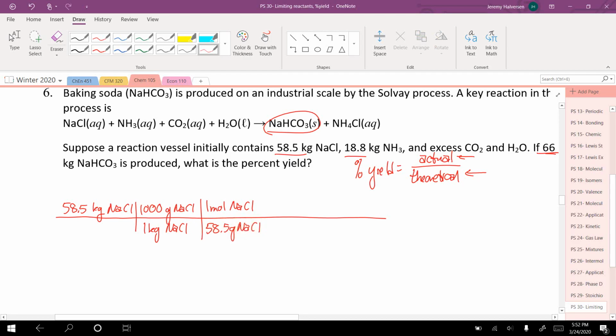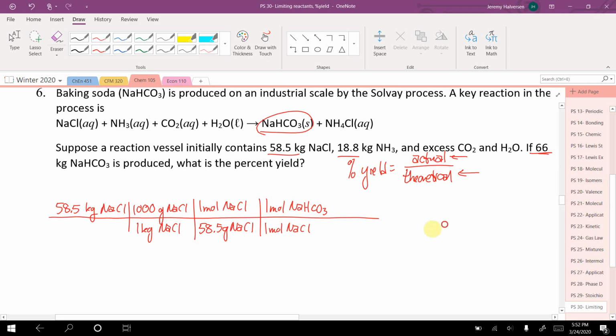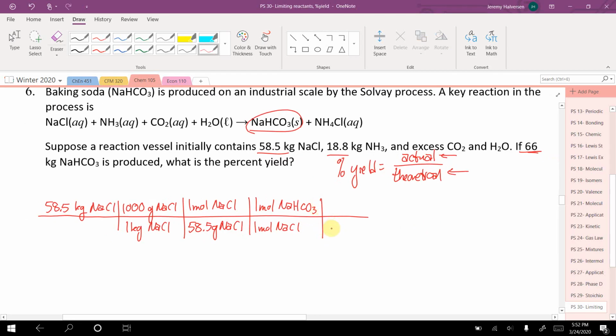It's the molar mass of NaCl. Okay, my reaction looks like it's balanced. Yeah, pretty sure it's balanced. So we can say that 1 mole of NaCl makes 1 mole of NaHCO3. But they give us an amount in kilograms, so let's get all the way up to kilograms.